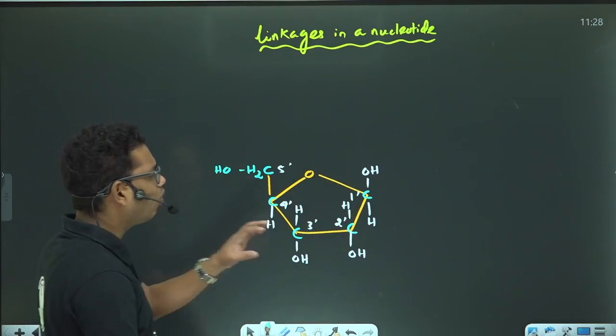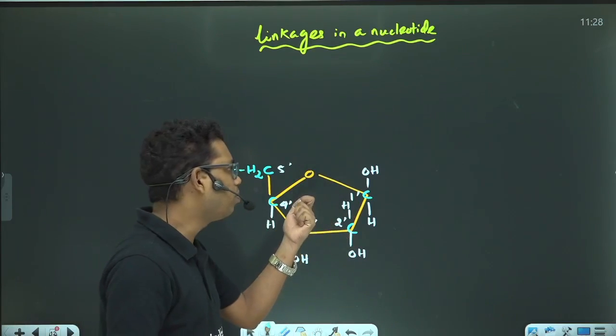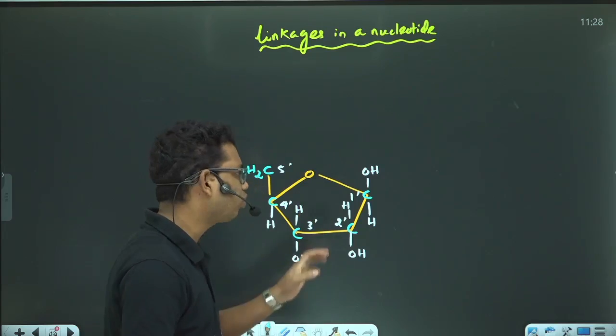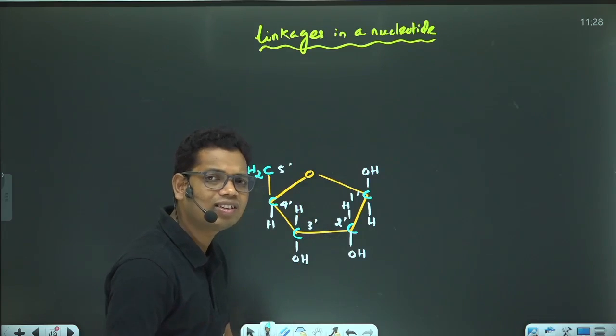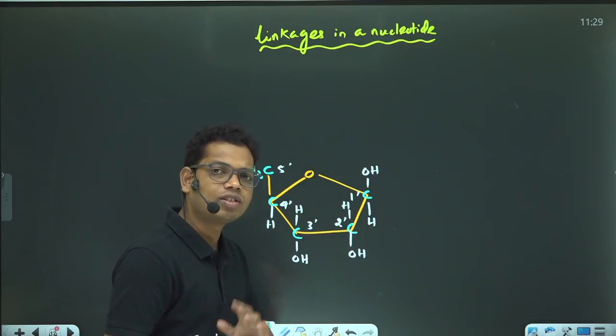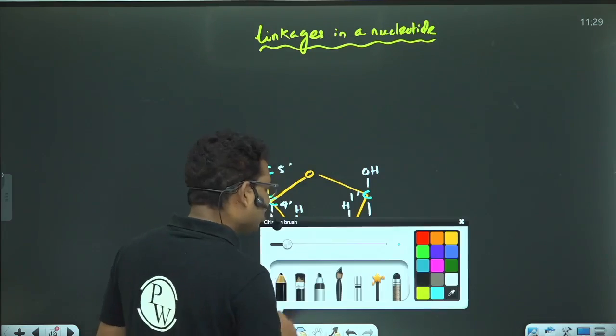Now this ribose sugar is going to be bonded with the nitrogenous base. Suppose the nitrogenous base is pyrimidine, and pyrimidine has a single ring structure. So let me draw one single ring structure.